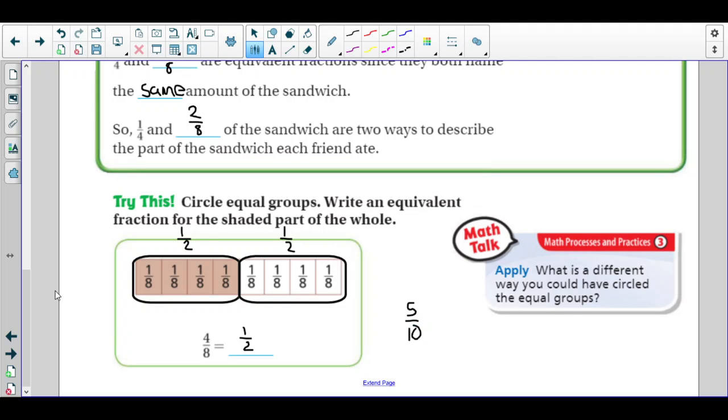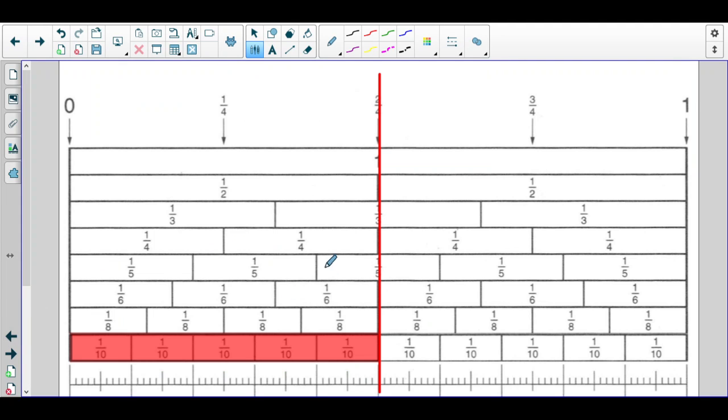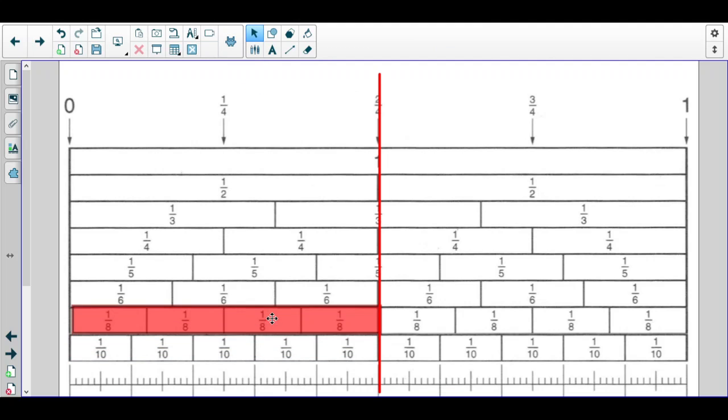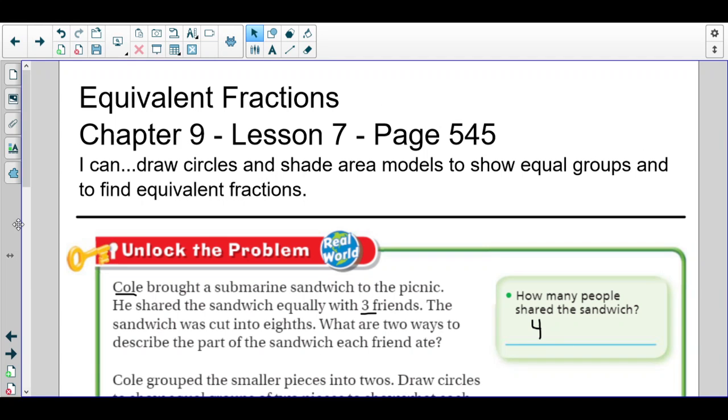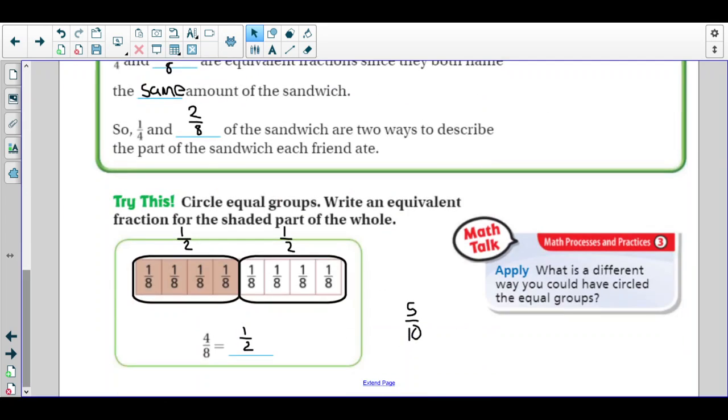What about, where else can we move this to? Right here. 1, 2, 3/6. So 3/6 is also an equivalent fraction.